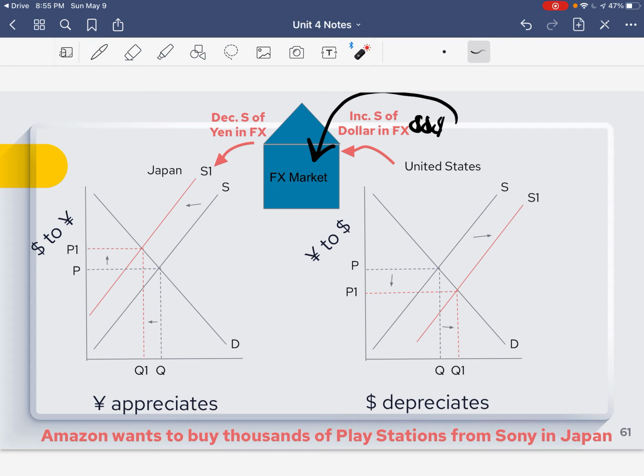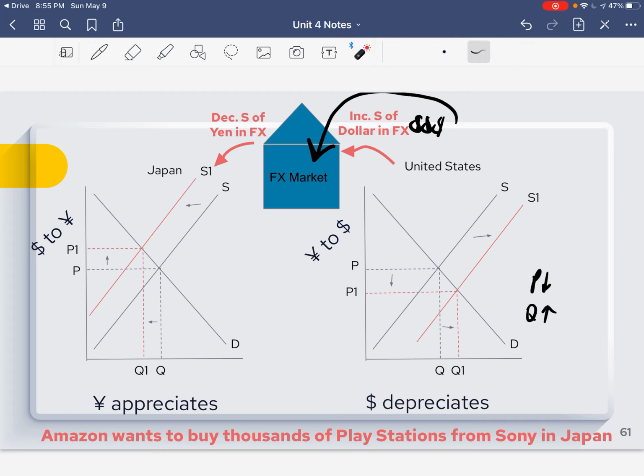When they pour dollar bills into this bank, that increases the supply of dollar bills available in the foreign exchange market. When supply increases, we find a new equilibrium and go over and down. And what has happened? Price decreases, but quantity increases.